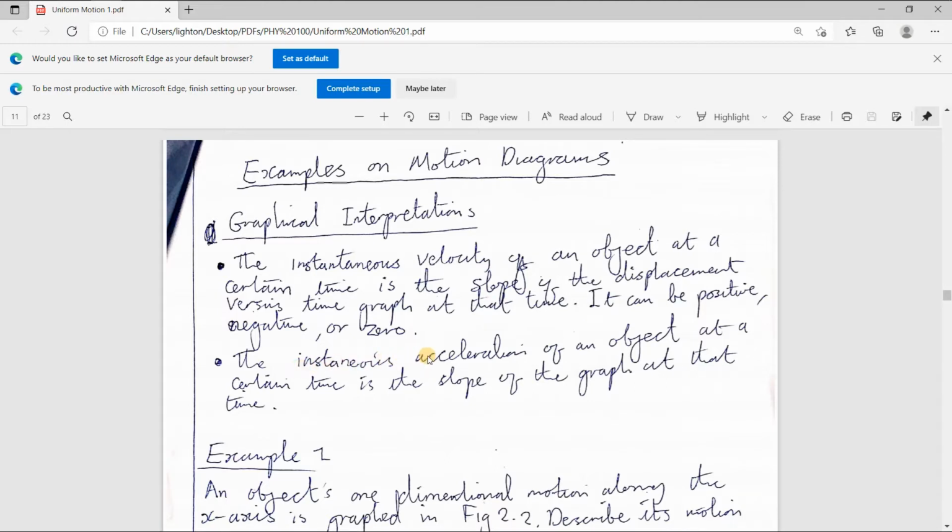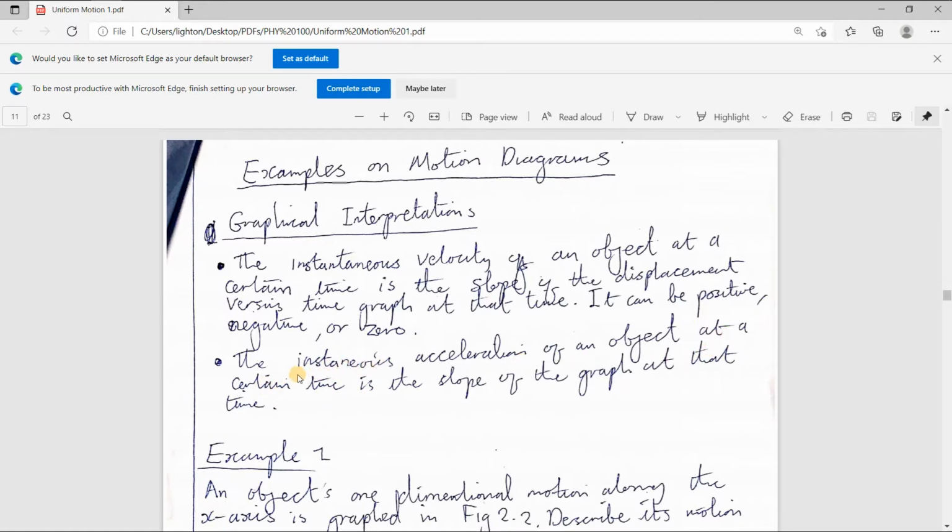The instantaneous acceleration of an object at a certain time is the slope of the velocity against time graph. That is the instantaneous acceleration. I missed a part here.